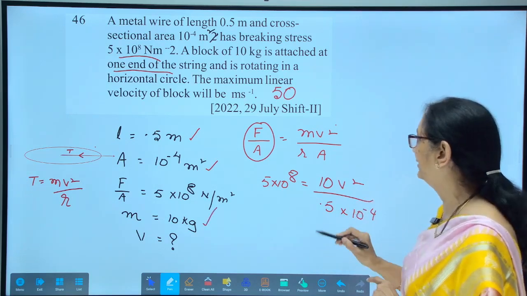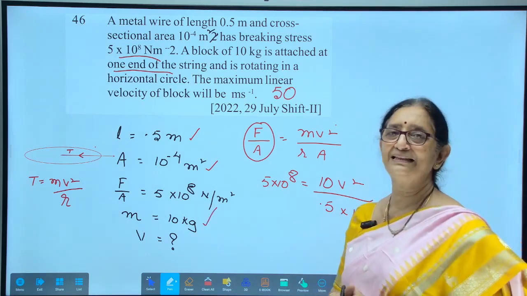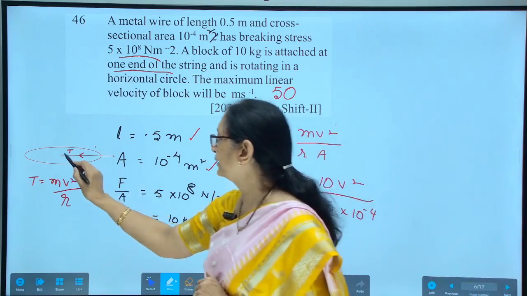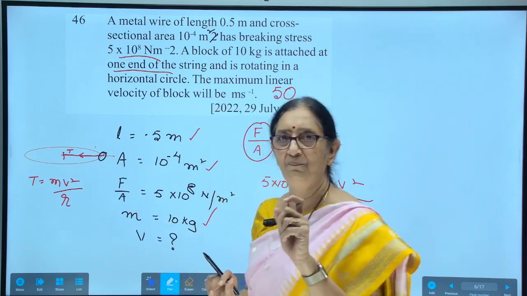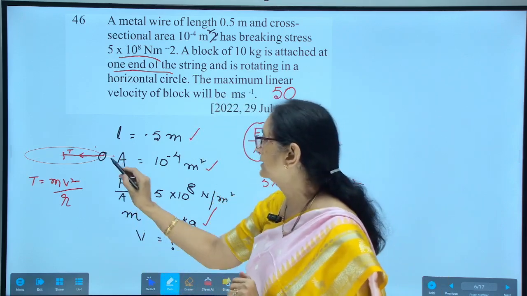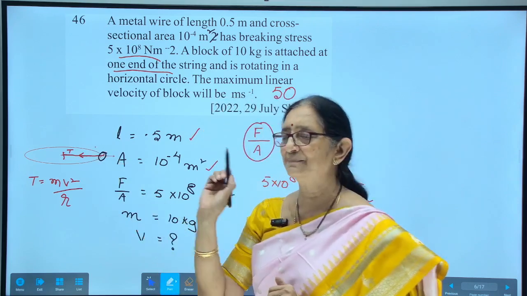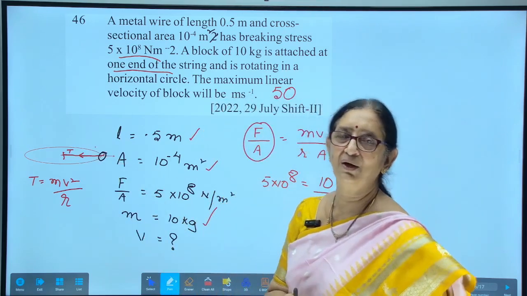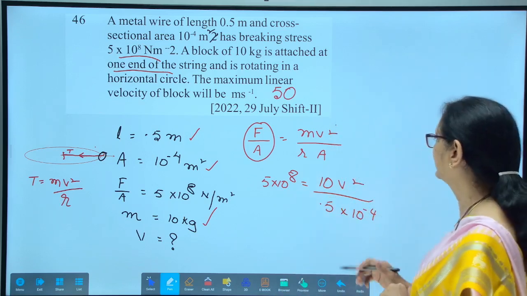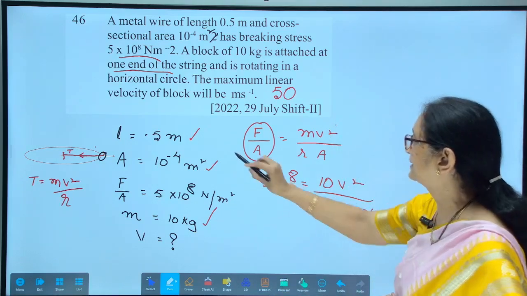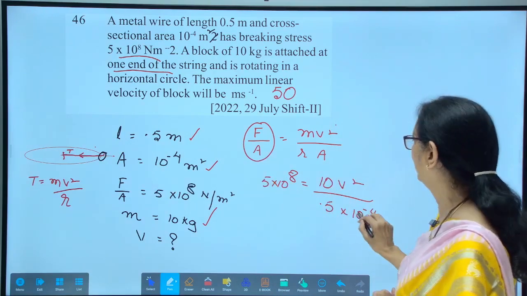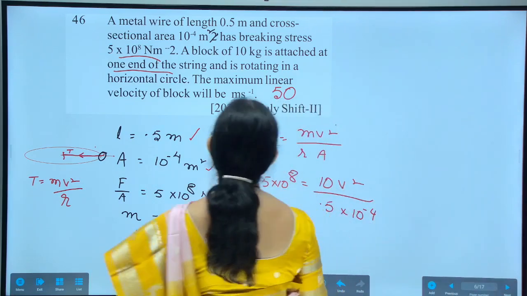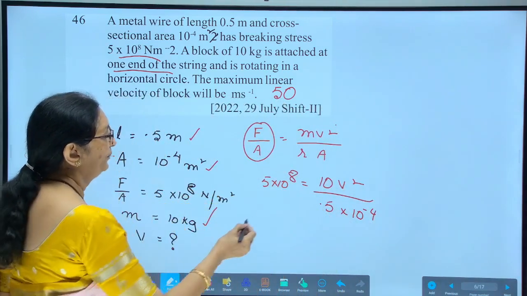You need to find out r. r is nothing but the length of the wire, because the mass is attached to the end of this wire. So the length of the wire becomes the radius of the horizontal circle in which it is revolved. So that is 0.5 meters and area of cross section is given as 10 power minus 4. So you are supposed to find v here.